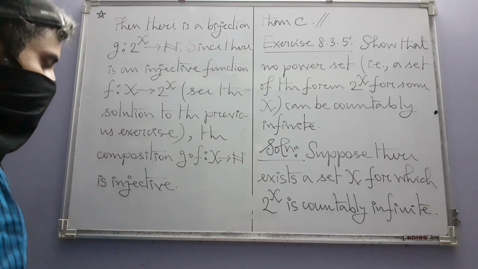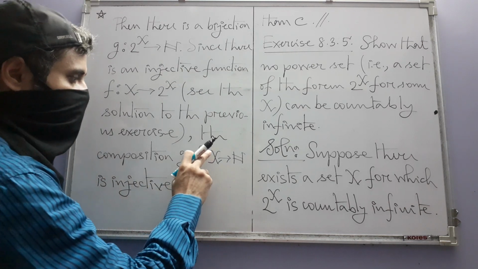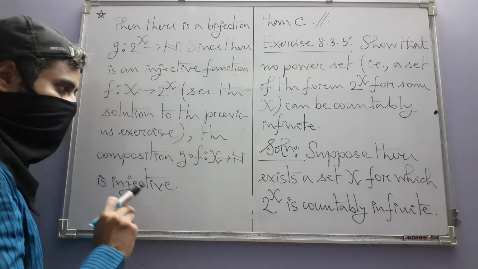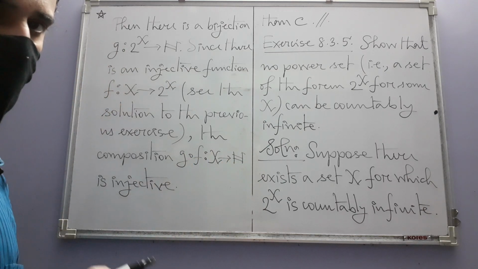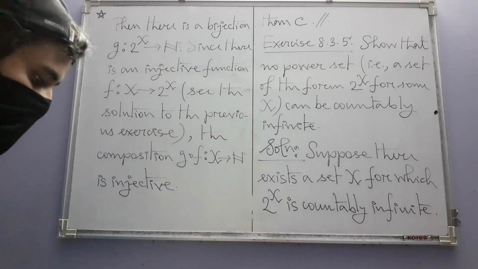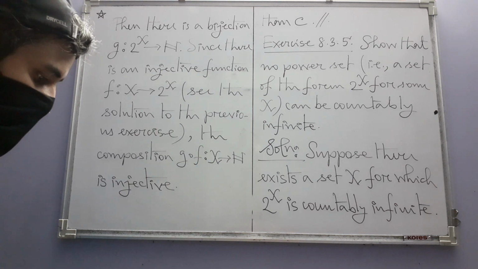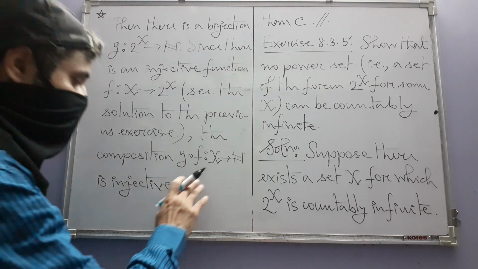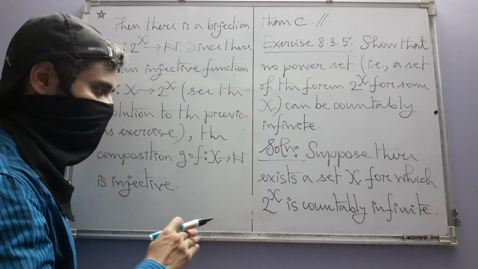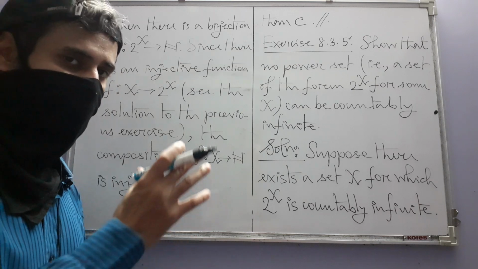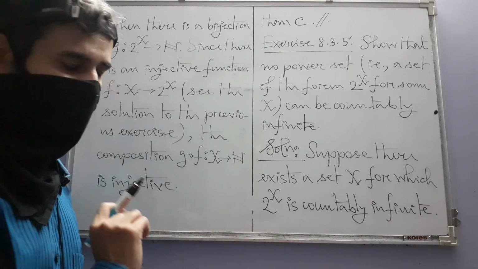But when there is an injective function from x into n, then x becomes countable. This is a result that we already have seen. Well, I should not have said countably infinite, but at most countable. It's either countably infinite or finite.